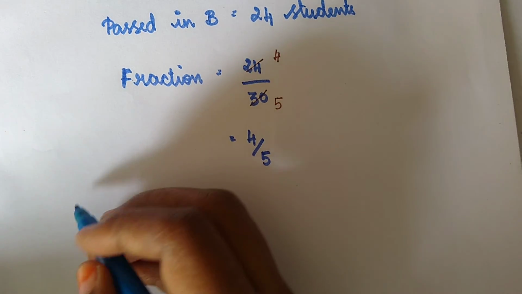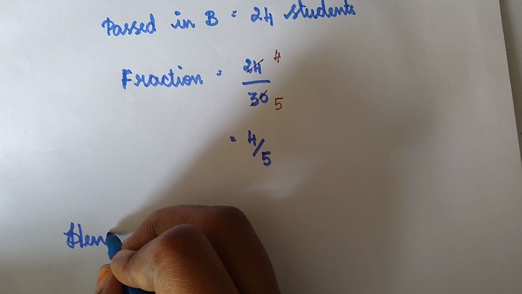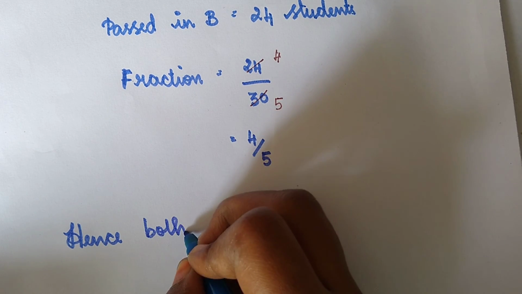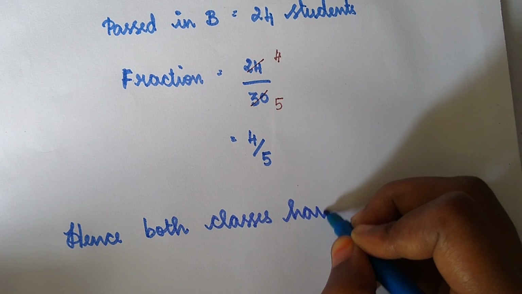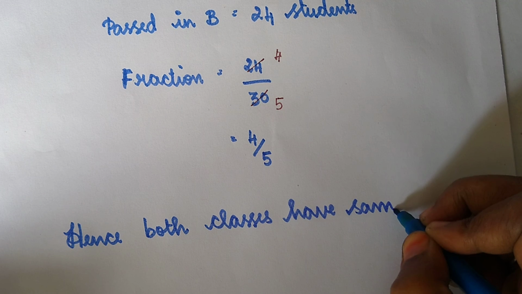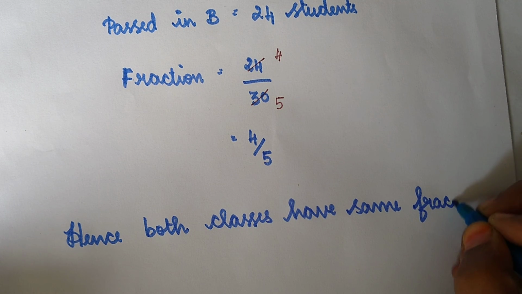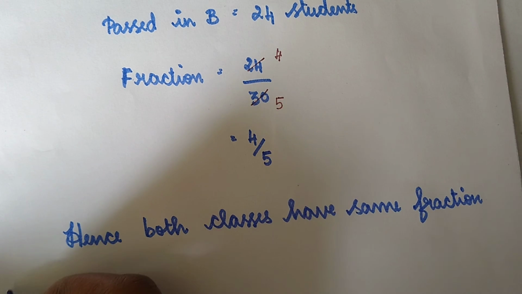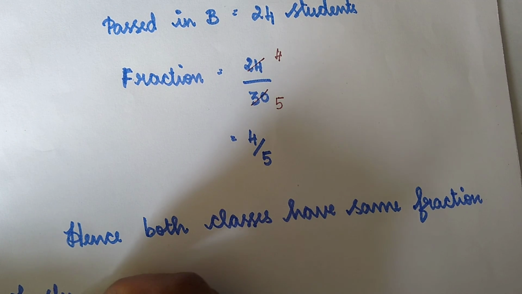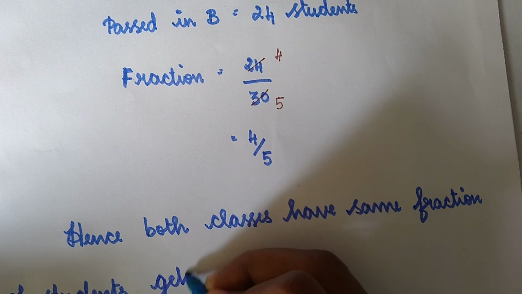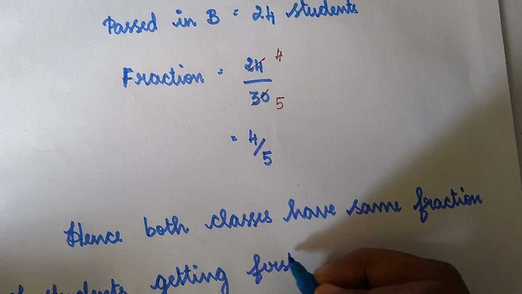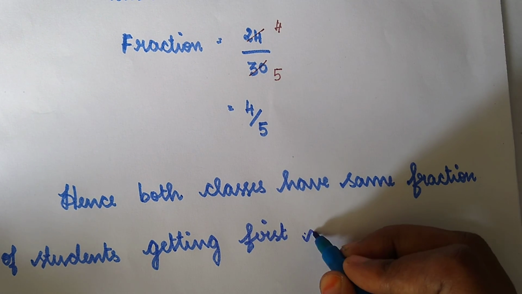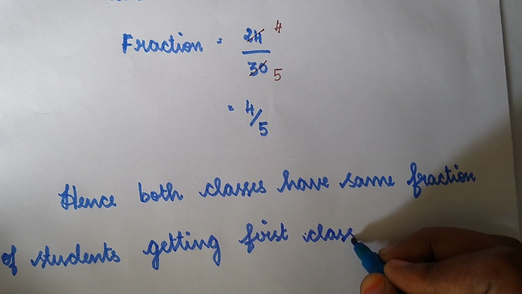So we can write: hence both classes have the same fractions of students getting first class.